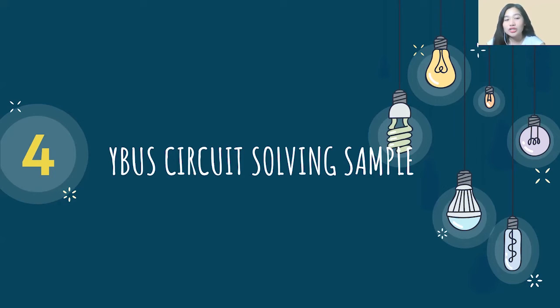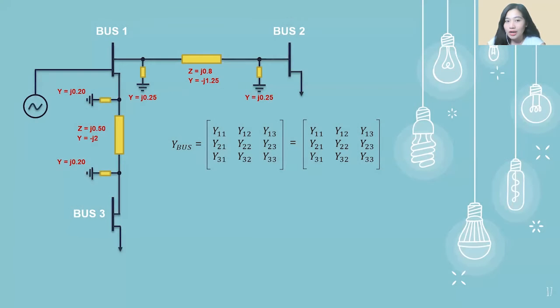Kasi kanina we are just using designations or symbols like Y1, Y2, and YA. And now we are going to use certain values for us to really understand how to construct a certain matrix and solve for our current by means of using our Ybus admittance matrix. So let's start. This is the latter example wherein pinakilala ko sa inyo yung elements and constructions, and now we are going to deal with the values.